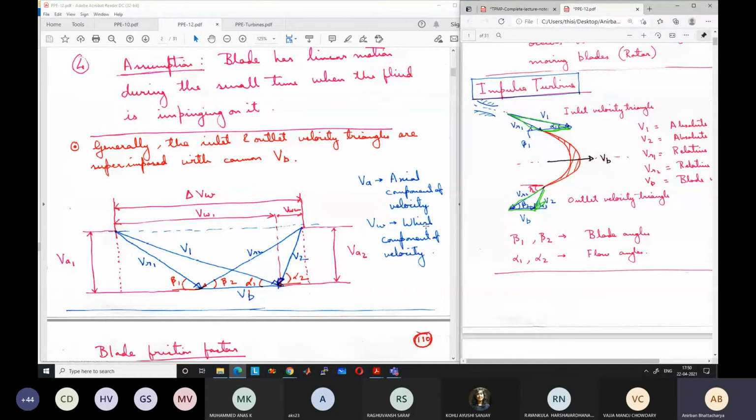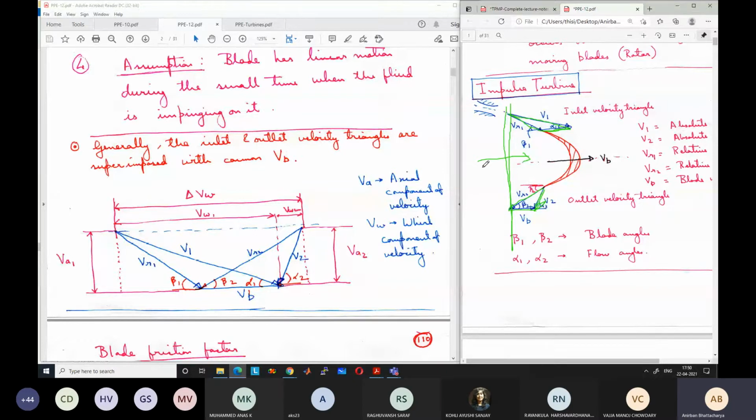The axial direction: the axis of this shaft is in this direction, so the axis is placed vertically. With respect to this axis, the rotation is occurring, right? In 3D it is like this type of rotation is occurring. So the axis is vertical, and the vertical direction is known as the axial direction.